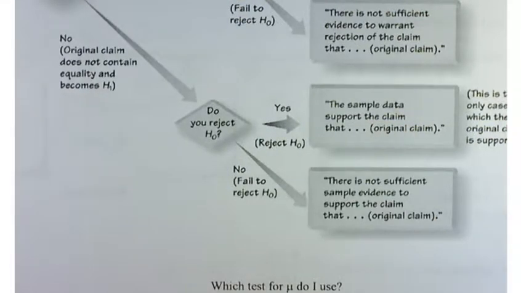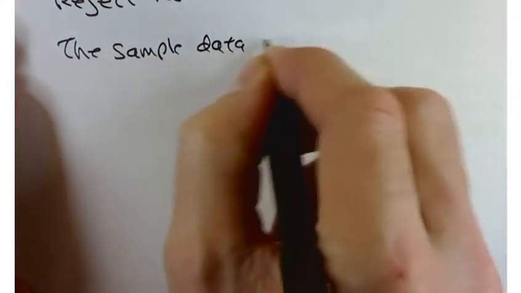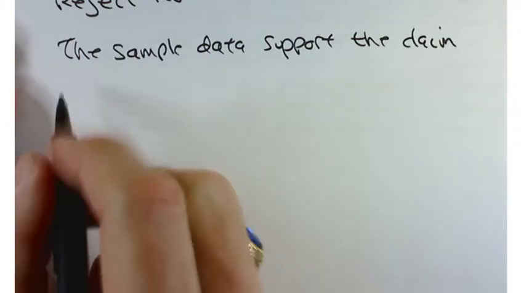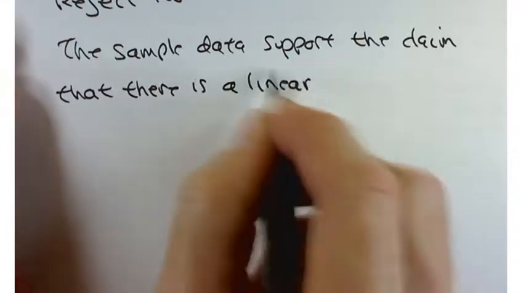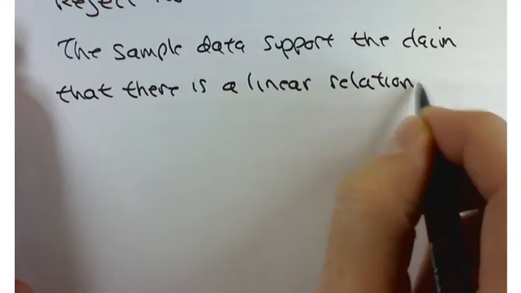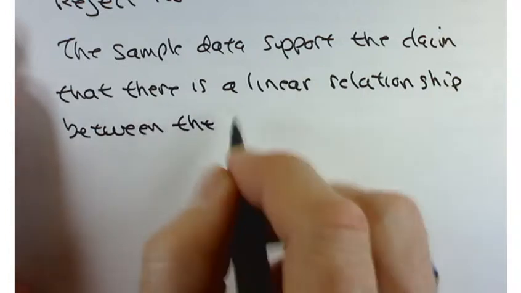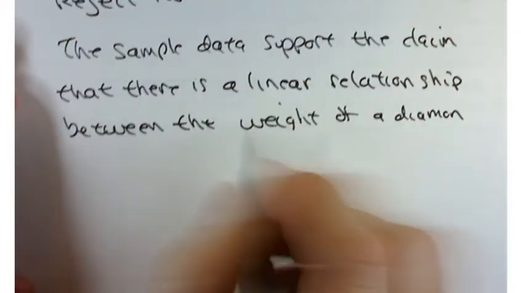So the sample data support the claim that there is a linear relationship between the weight of a diamond and its price.